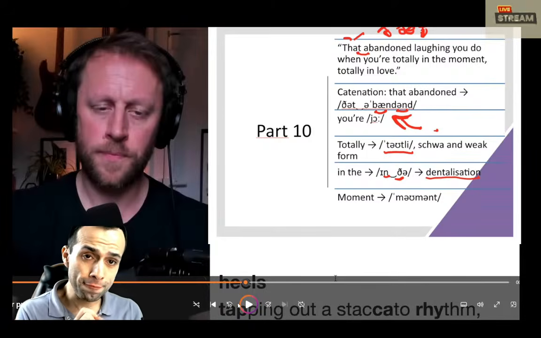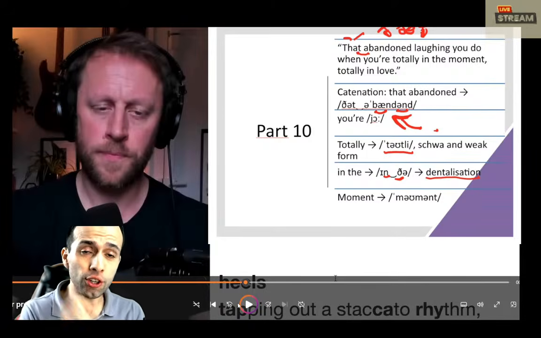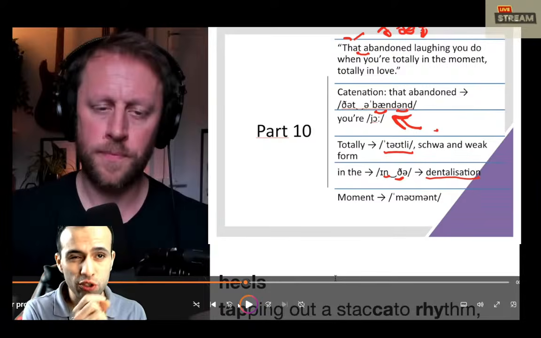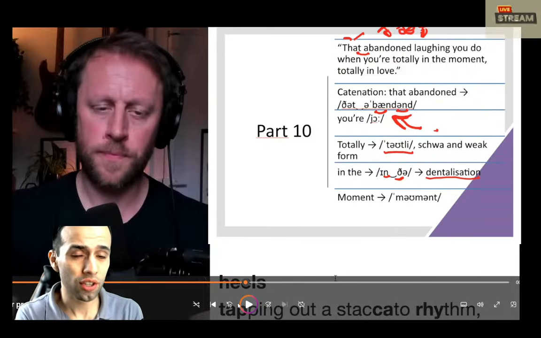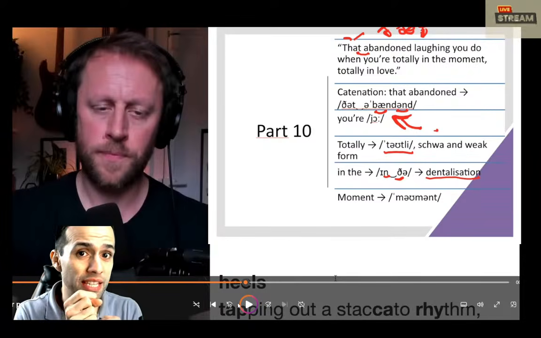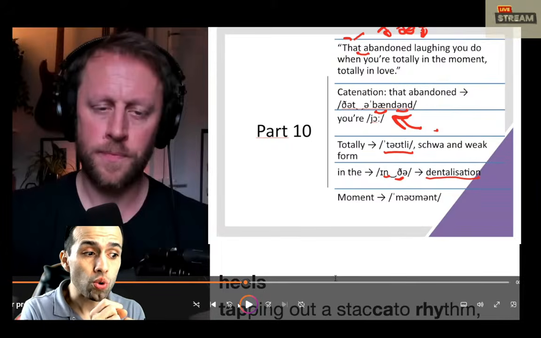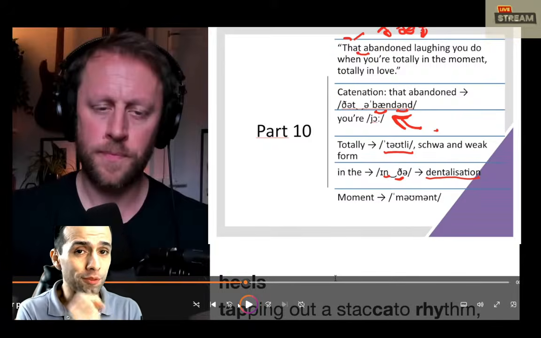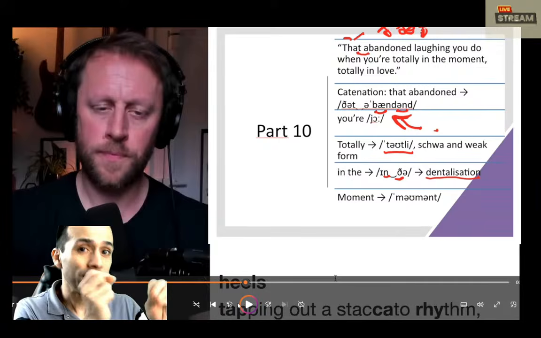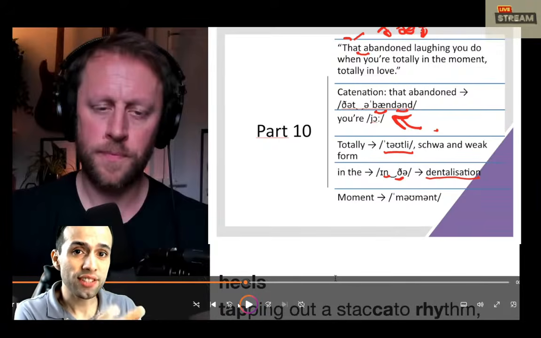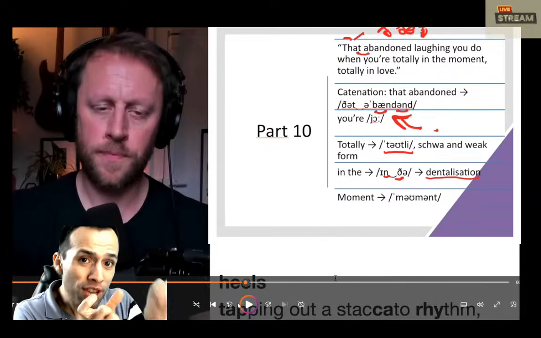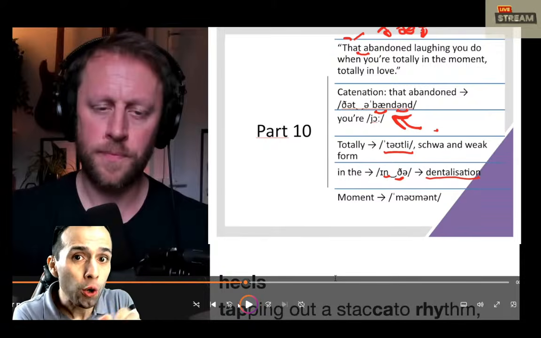Again, this is standard Southern British English, Luke Thompson's accent. You don't pronounce the R at the end. You don't say your. In this case, remember that in this accent we only pronounce this consonant when immediately followed by a vowel sound.